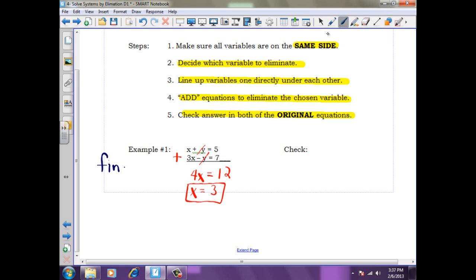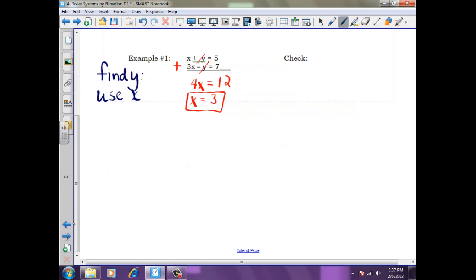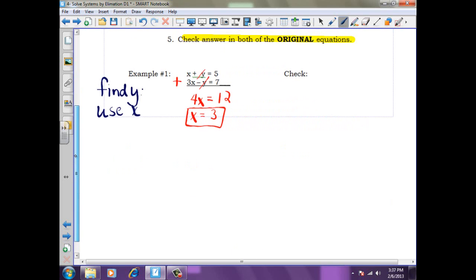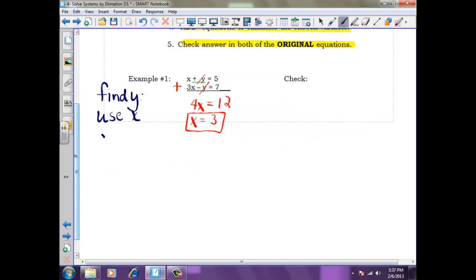To find y, I'm going to use the x in one of the original equations. So I have x plus y equals 5. My x I'm getting from here, so it becomes 3 plus y equals 5.